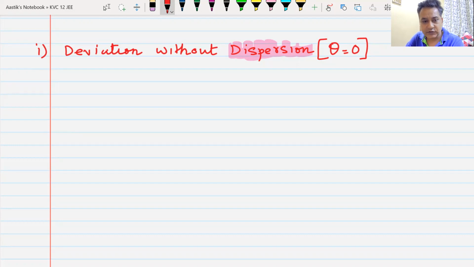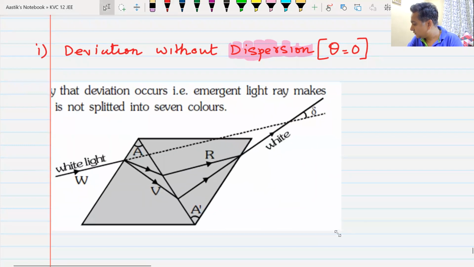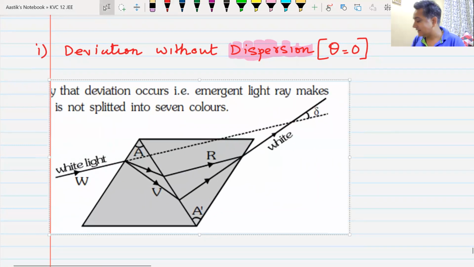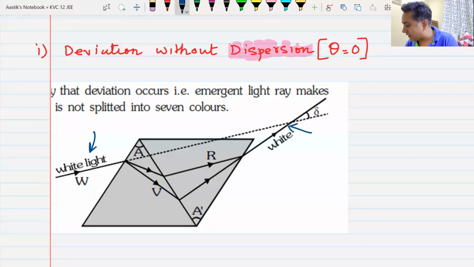And I will try to show it from a diagram. Again, the diagram is not important here. What we have to understand is the term. This is the diagram that is drawn. What you got to see is, on the left hand side, you have a white light, and on the right hand side, you also get the same white light. That means there is no dispersion. White comes out as white.